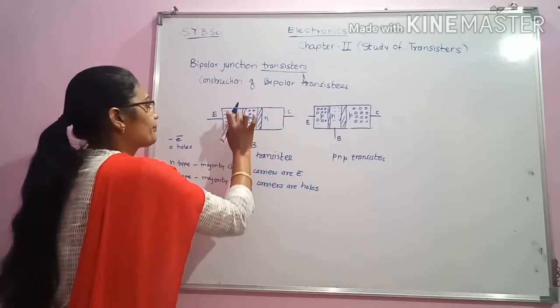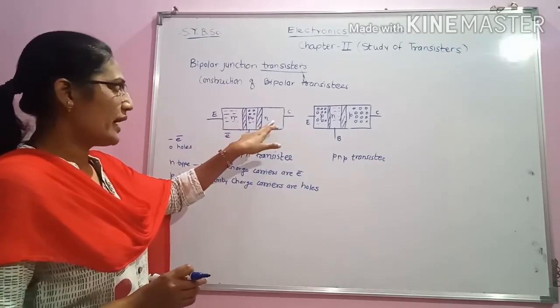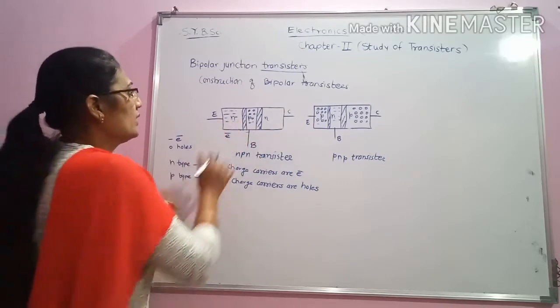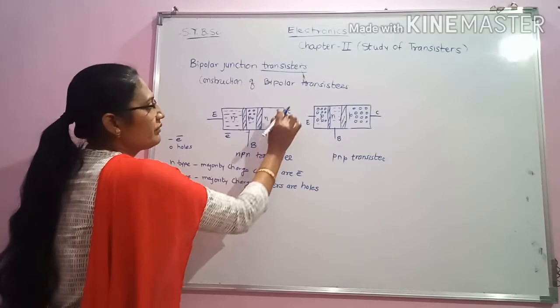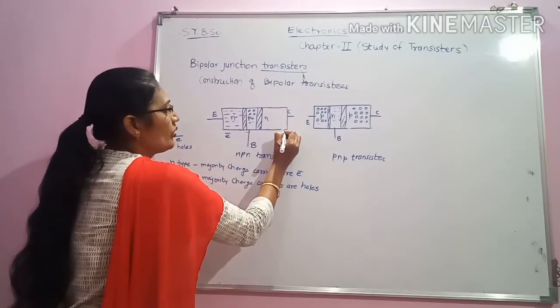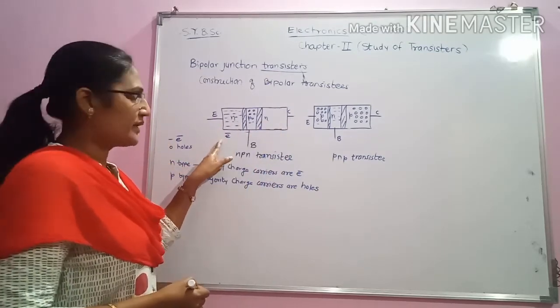Then, if we compare this section and this section of the transistor, the length of this section should be less than that of this section. Therefore, the length of the collector section should be less than that of the emitter section.